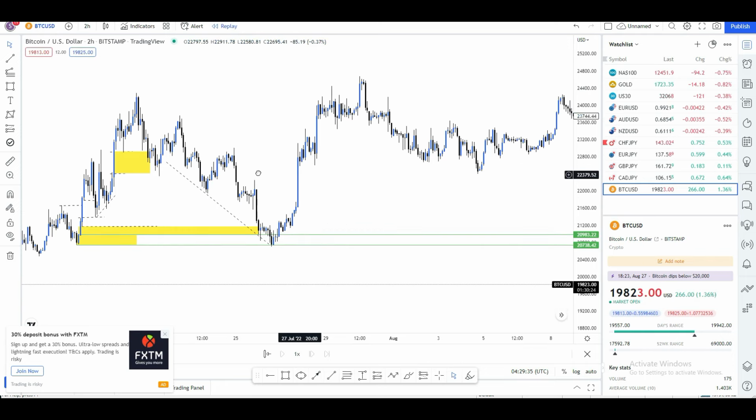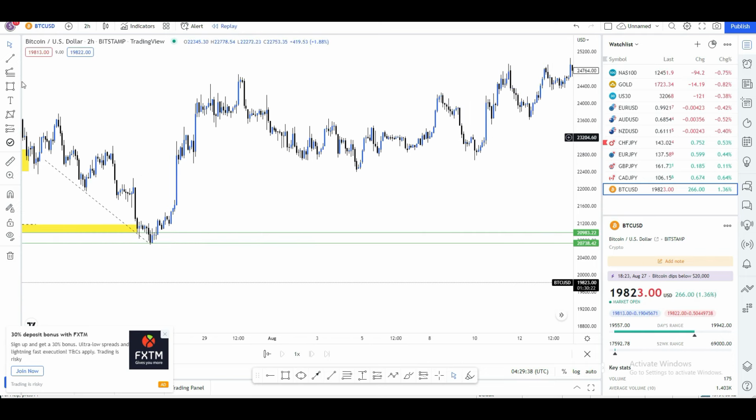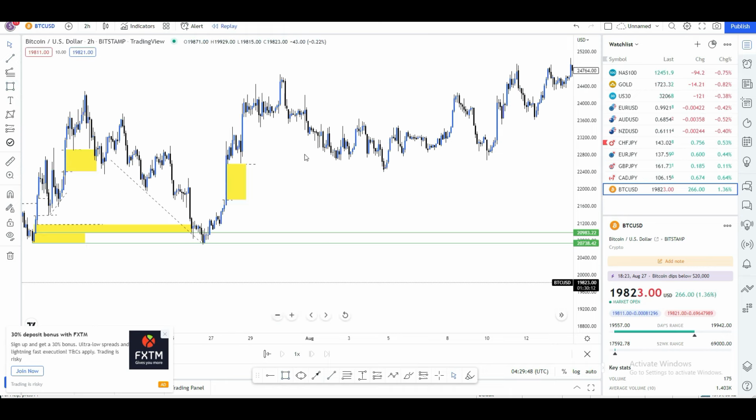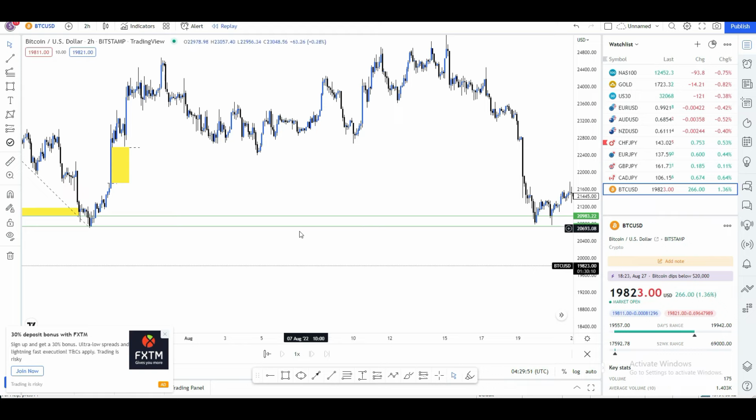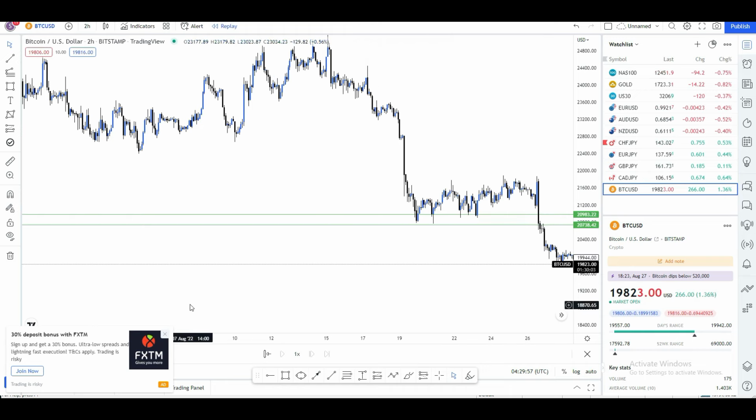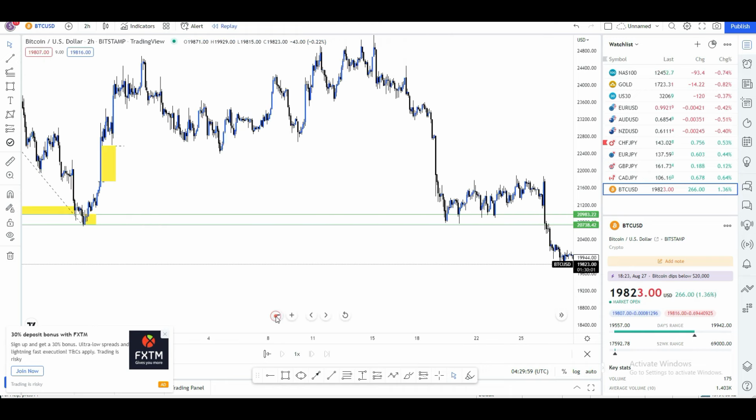Remember what I said, we also had imbalance here, and this is where our gap was. Price did take its time, but it eventually got back to that area. It came back to that same demand area and finally broke it.